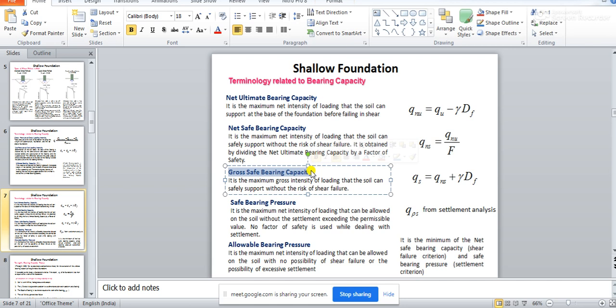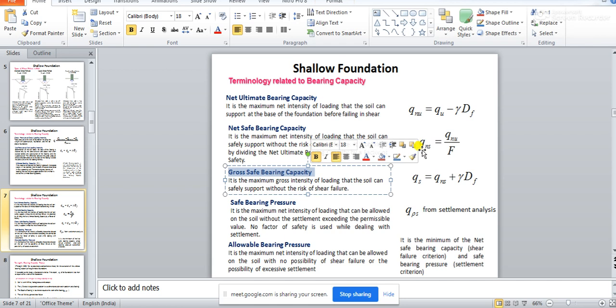Once you get the net ultimate bearing capacity, if you divide it by some factor of safety, you get the maximum net intensity of load that the soil can safely support without the risk of any shear failure, and that value is termed the net safe bearing capacity. So you get QNS equal to QNU by F.